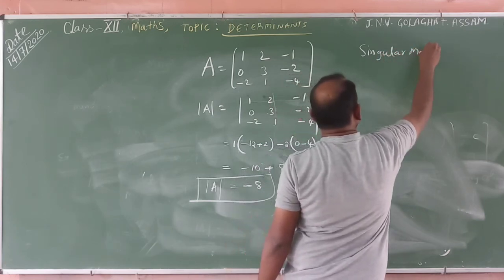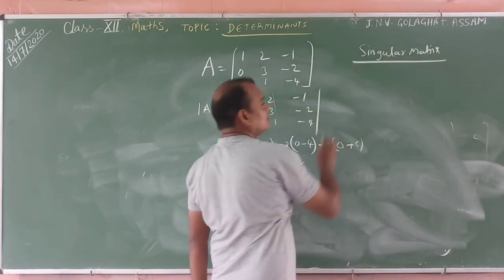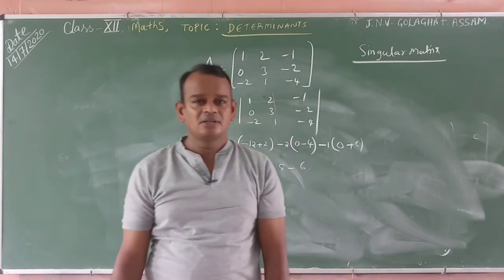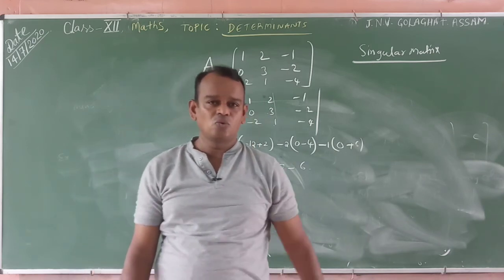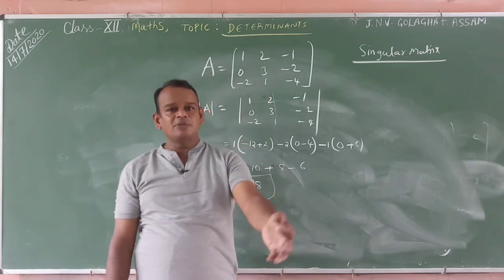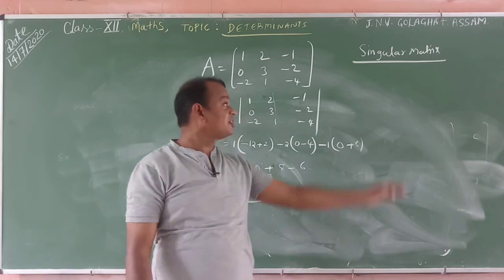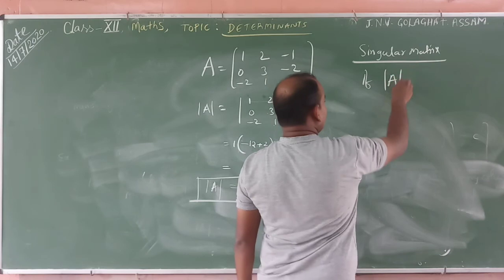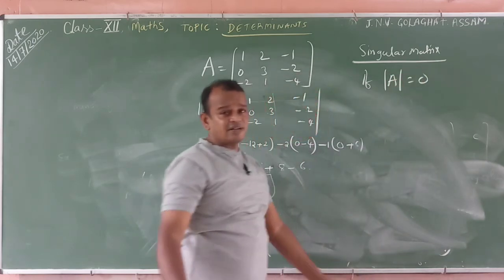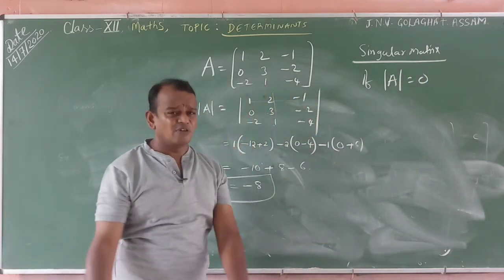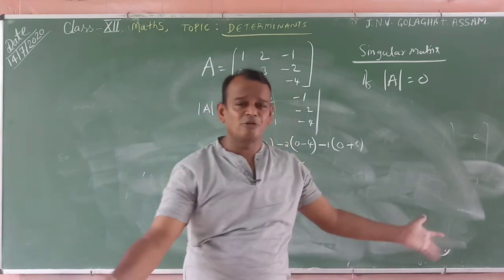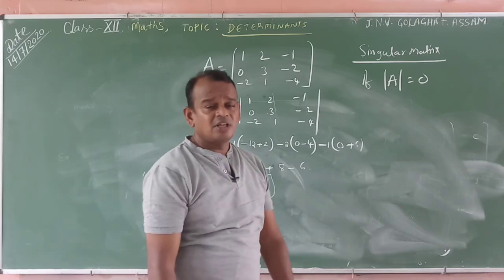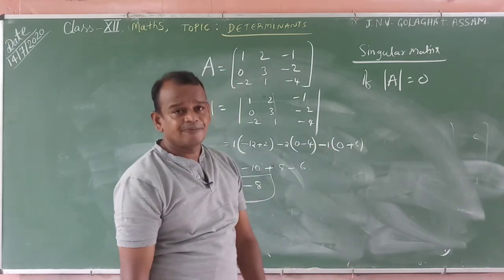What is the definition of the singular matrix? If the determinant of the square matrix is 0, then the matrix is called a singular matrix. If determinant of A is equal to 0, where A is a square matrix of order n by n, whether 2 by 2, 3 by 3 or 4 by 4, then the matrix is said to be a singular matrix.